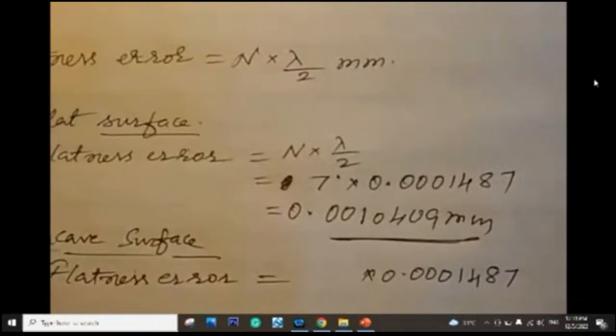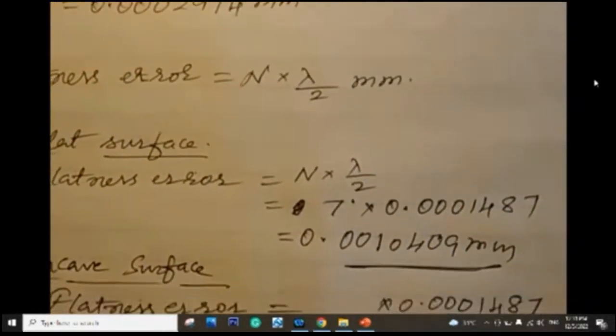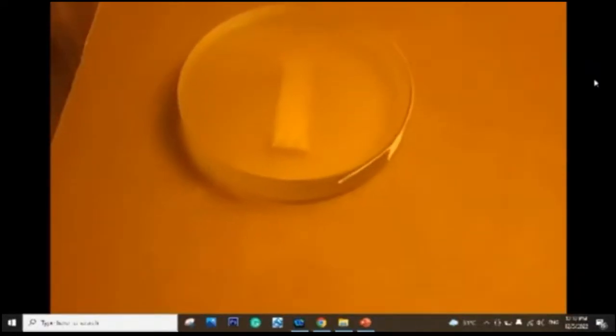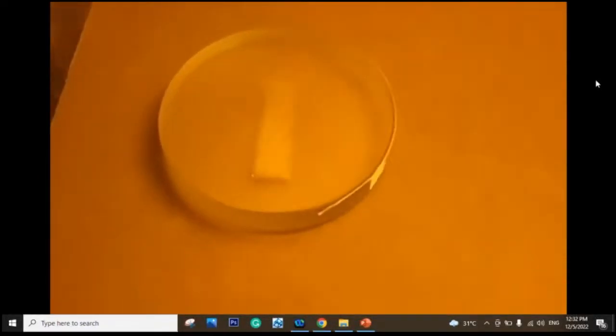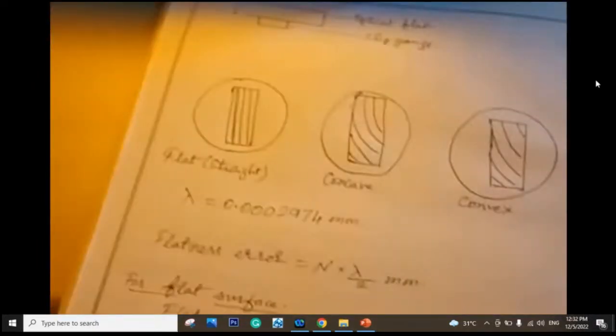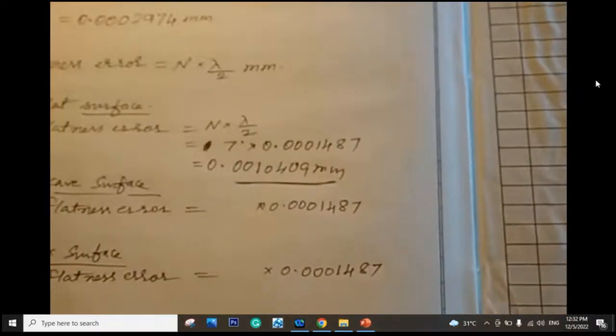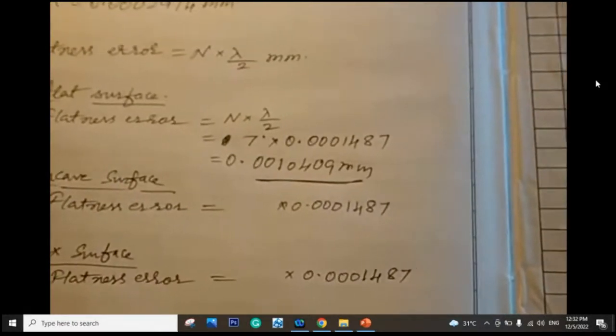Now the flatness error of the concave surface. You see here, this is the concave. How many fringes are shown here? There are 1, 2, 3, 4, 5. 5 fringes are visible. We have to multiply 5 into lambda by 2, then we are going to get the flatness error: 0.0001487 into 5.